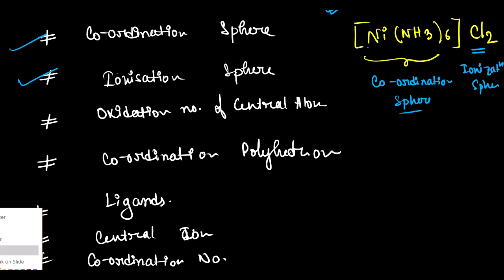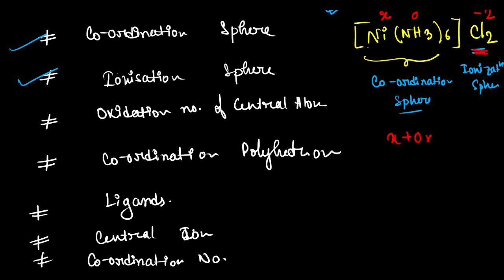Let us consider the oxidation number of nickel is X, and ammonia has no charge, that is 0, along with chlorine with -1, that means chlorine has -2. To neutralize the -2 charge of chlorine, the coordination sphere should have a charge of +2. So X plus 0 into 6 equals +2. So nickel has the oxidation number +2. This one is the oxidation number of the central metal ion.